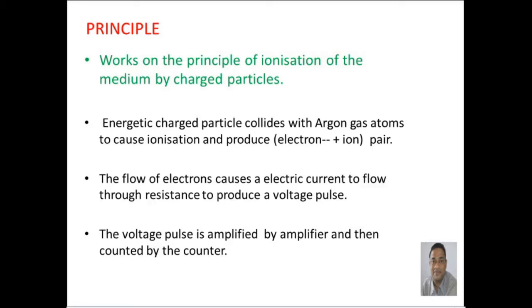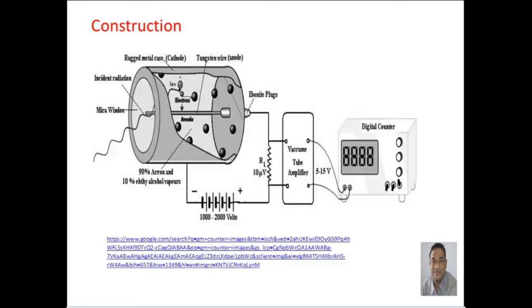The simple Ohm's law, V equals IR, comes into the picture in this case. The voltage pulse is amplified by an amplifier, and then it is given to a counter which counts or records the number of particles. Let's see the construction of a GM counter.